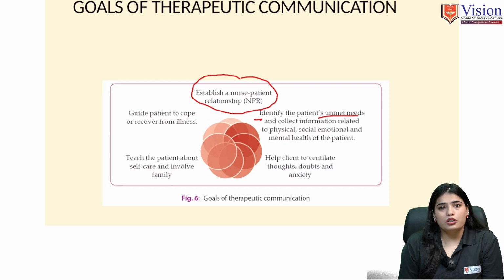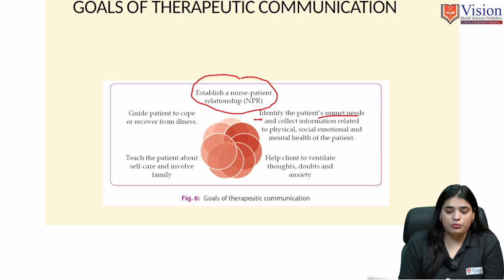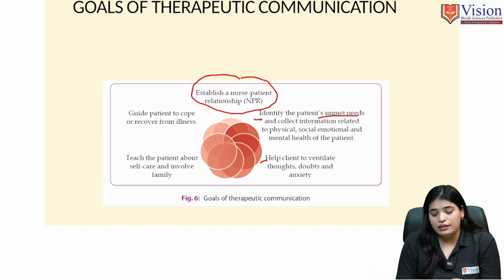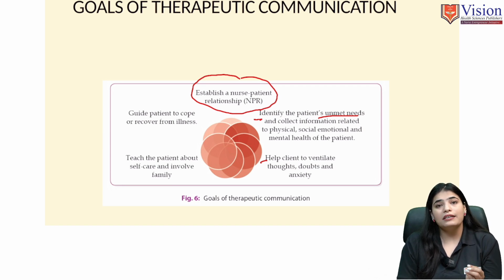While we are talking to the patient and sharing information, we have to find out the unmet needs of the patient, or information related to their physical, emotional, or mental health. Next is to help the client ventilate thoughts, doubts, and anxiety. This is also a goal of the therapeutic relationship. We have to help the patient ventilate.